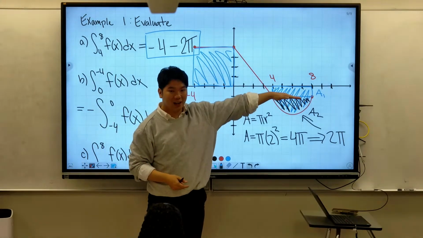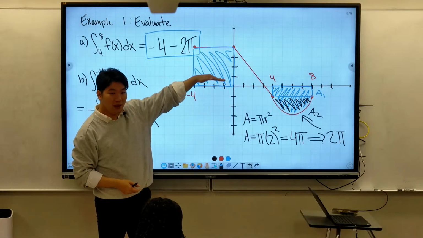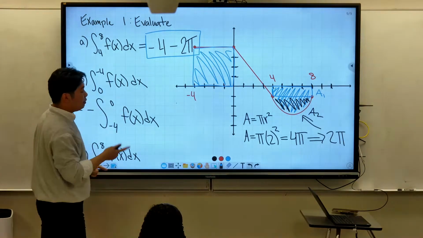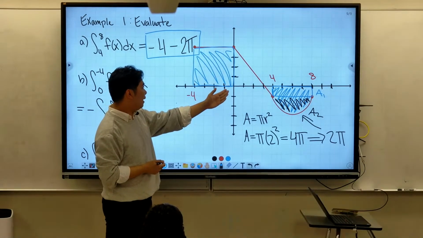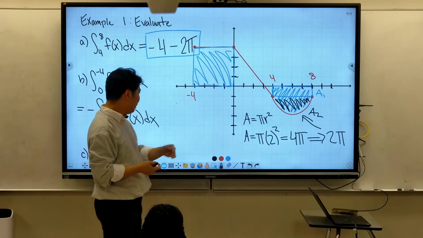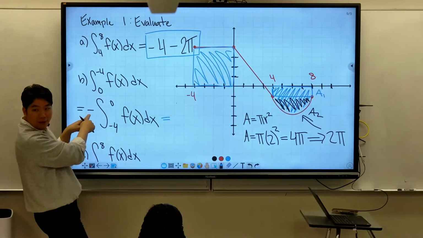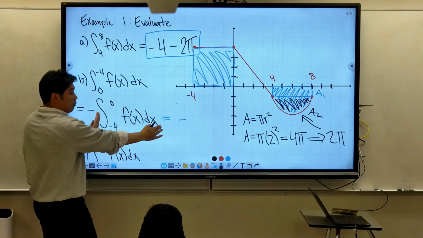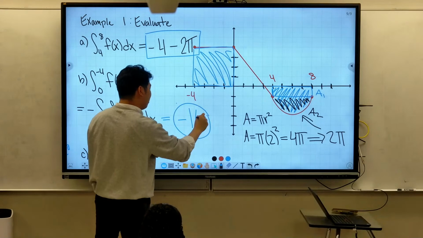Last time we shaded down. Now, since it's above, we go from there to there. You told me 16, right? Yeah, because it's 4 wide and 4 high, that's 4 times 4. So I have a negative from here, and this was 16, so we have -16.